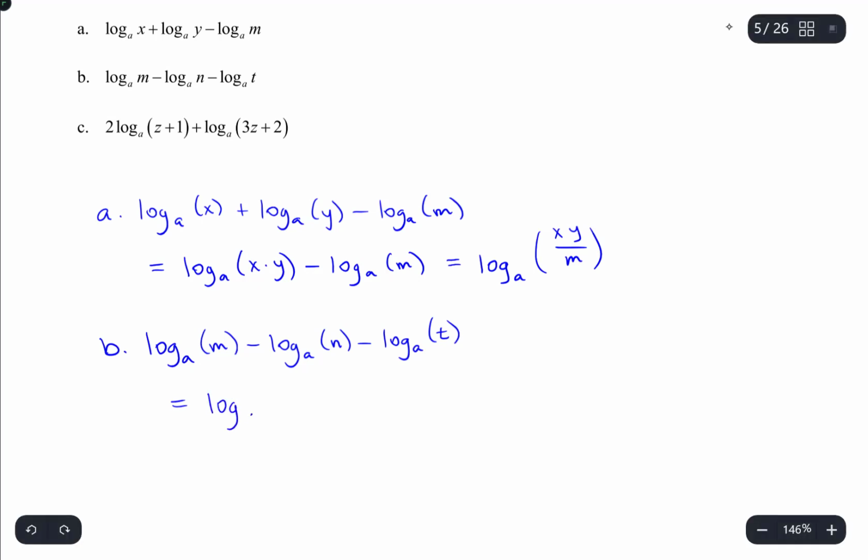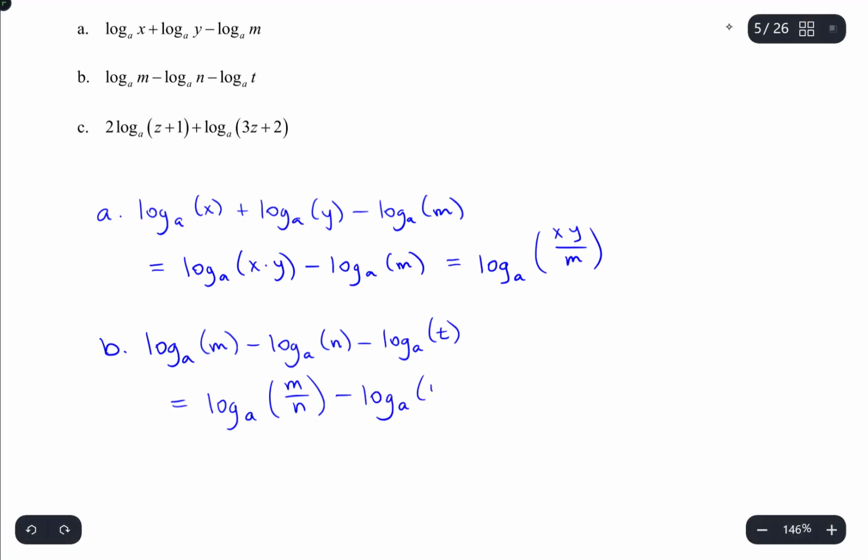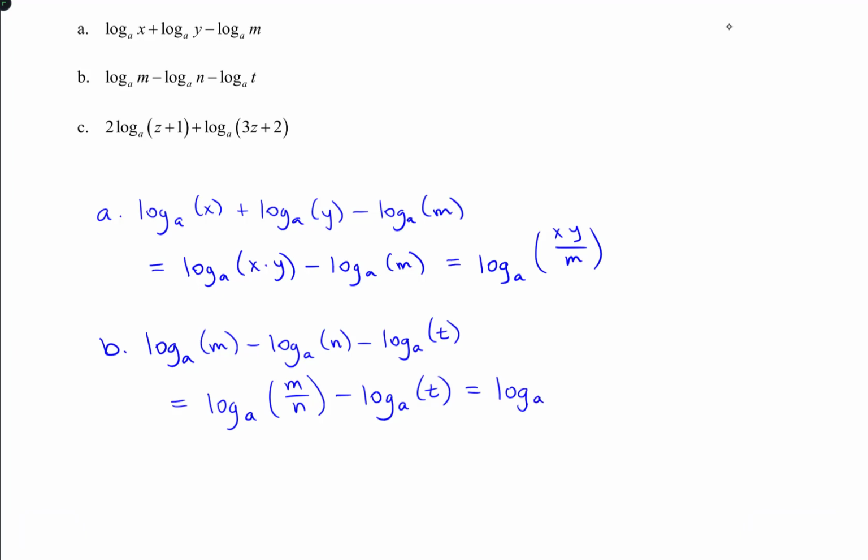Since they're of the same base, I can combine them into a single logarithm where the arguments are divided by one another. Okay, and then the next step here is to do the same. I have, again, two logarithms of the same base that are subtracted, so I can combine them into a single logarithm whose arguments are divided.